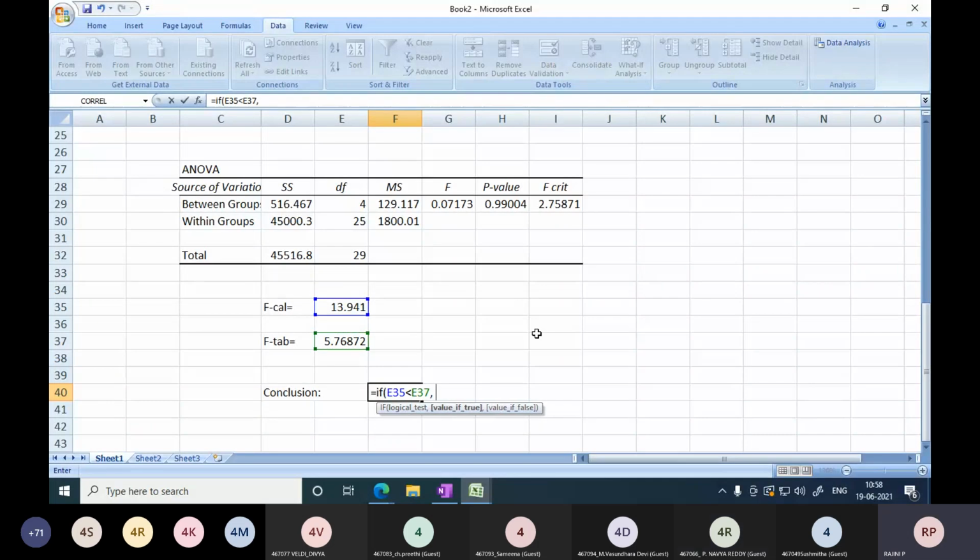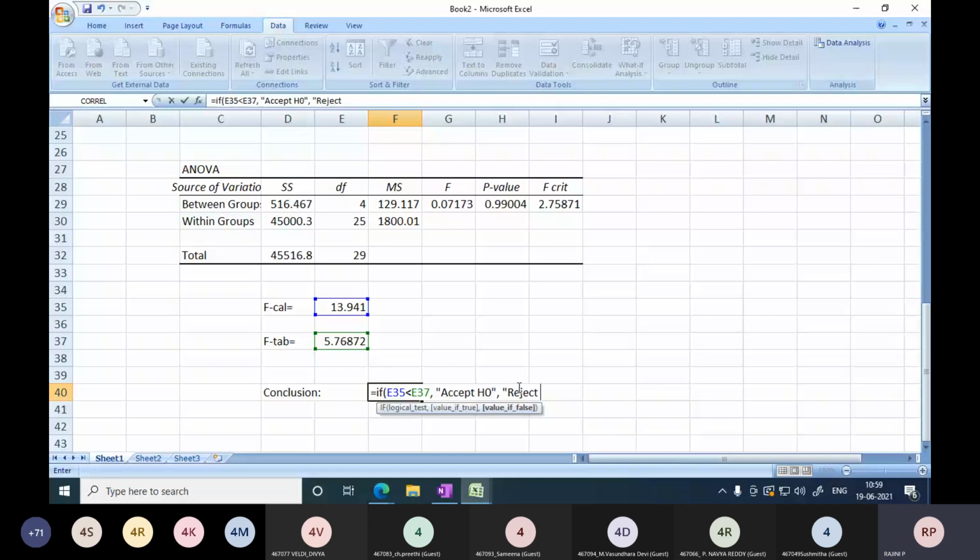If this condition is true, what is the statement? Accept H naught. This is the value if the condition is true, meaning what value has to be displayed. Then open the quotation, reject H naught.